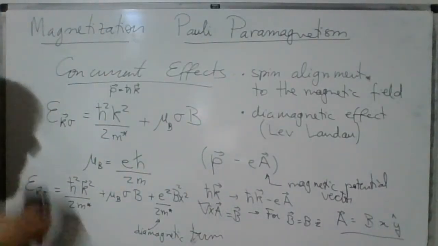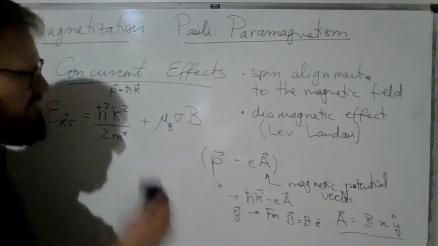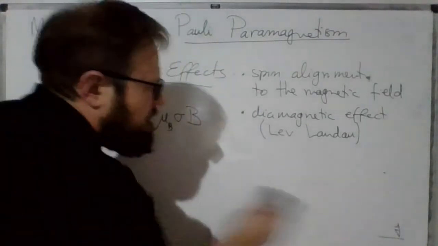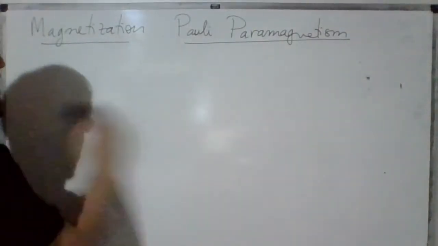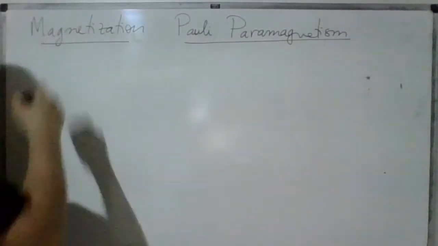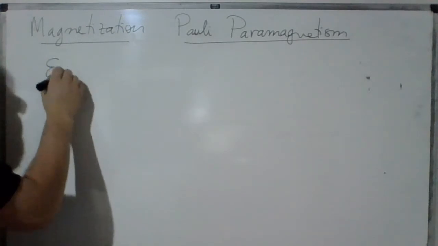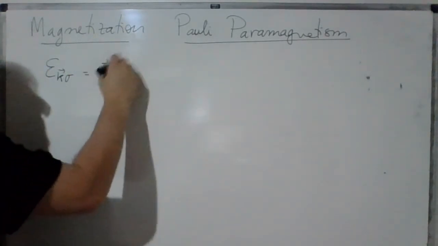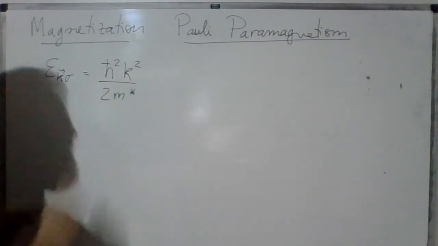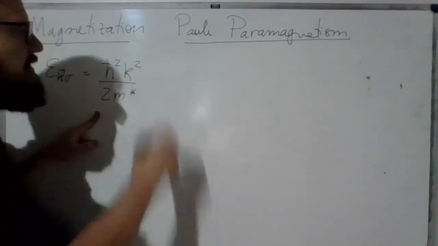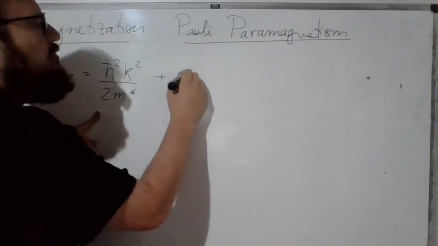So for now, just consider the following. Suppose electrons have energies given by a free particle energy, plus the Bohr magneton.